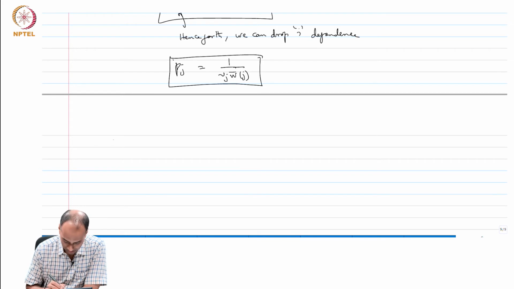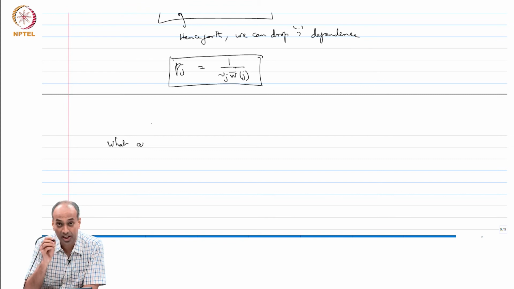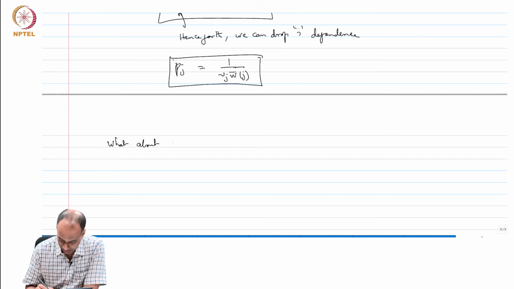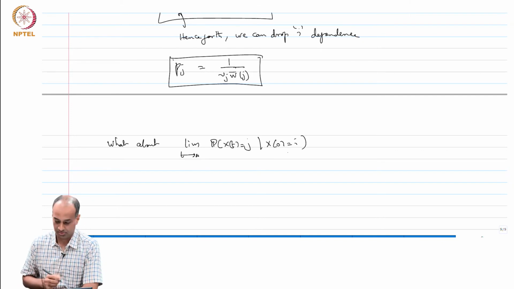Now, this is the time fraction limit. What about the ensemble average, the probability of X t equals j given X of 0 equal to i?